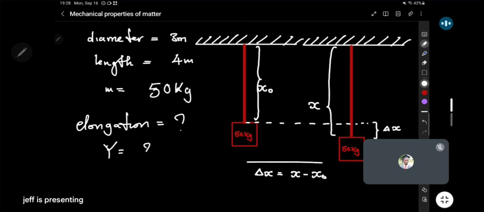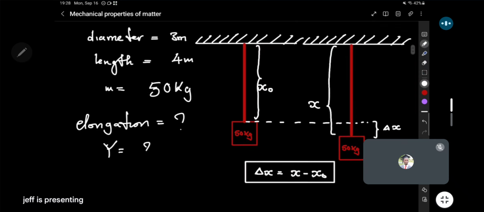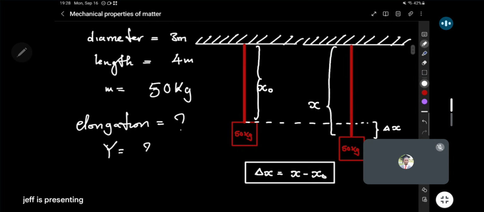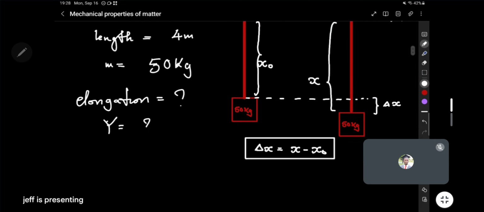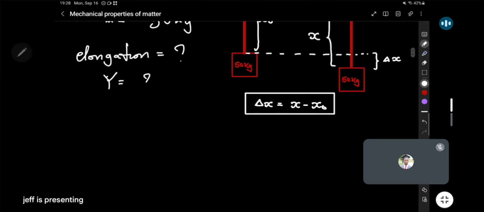So of course, we can keep this in mind just in case there's a problem where they get to ask us to find the new length of the wire. But in the meantime, our problem is only asking us to get the elongation of the wire. So how do we get the elongation?